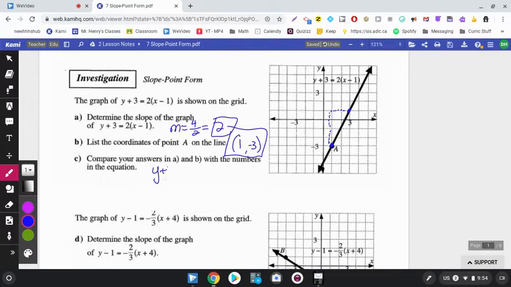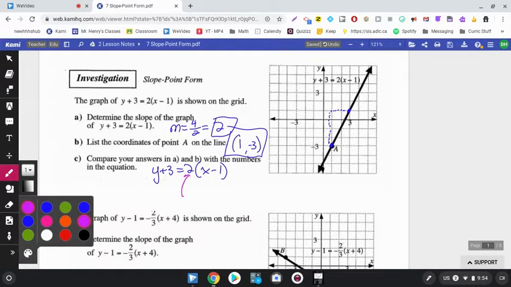My equation again, y plus 3 equals 2, x minus 1. Well, I definitely see I got a slope of 2. And there it is, sitting in front of my x. My x happens to be in brackets. And then, do I see a 1 and a negative 3? No, I don't see a 1 and a negative 3. What I see is a minus 1 and a plus 3.